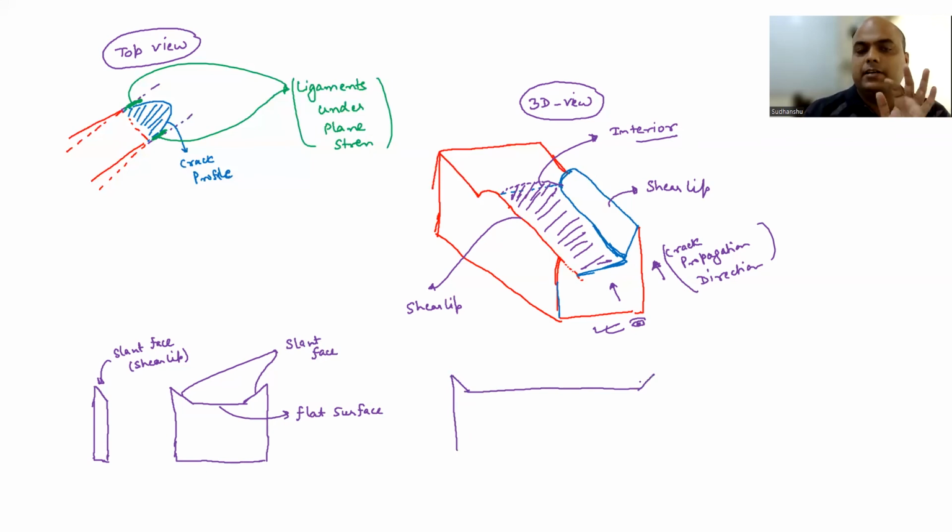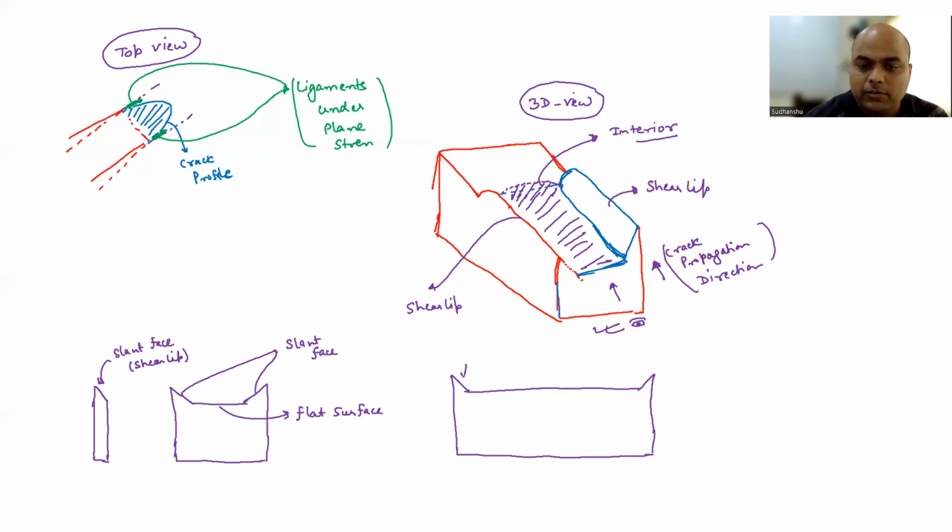So remember, this will be under only plane strain condition when the ligament is thin, right? So your ligament size at the end is going to be smaller. So if you increase the thickness, only a small fraction is going to form shear lip.